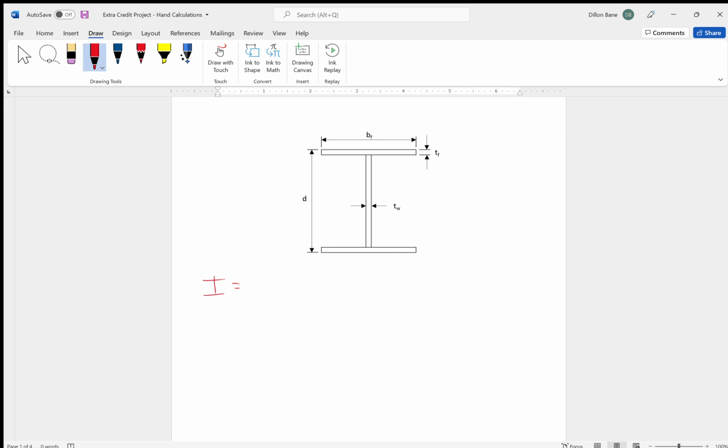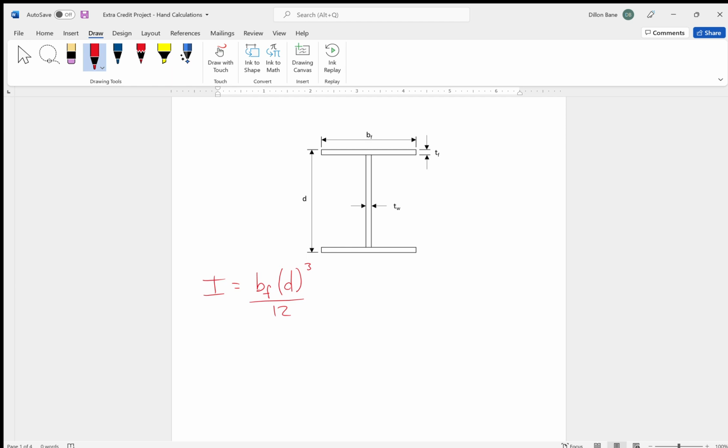So what we're going to do is take bh cubed over 12 for the entire overall dimension of the cross section, the total out to out, and then subtract out the negative space. We've done this trick several times in class now. So here, what we get is b_f times d cubed over 12, that's bh cubed over 12 for the total out to out area of the cross section.